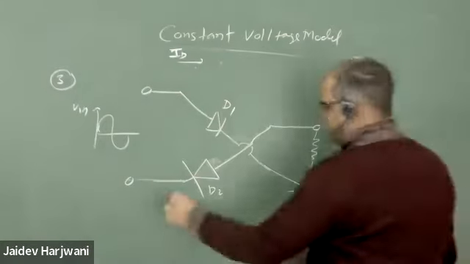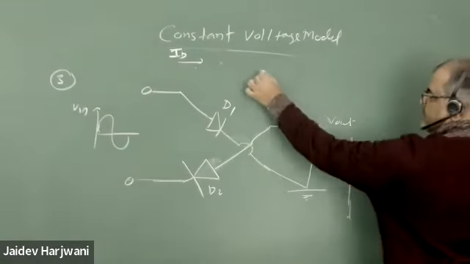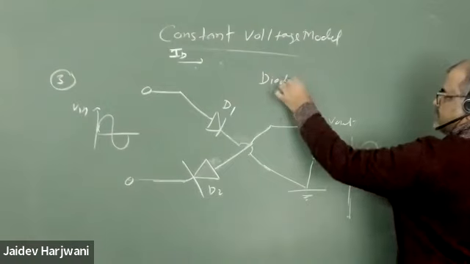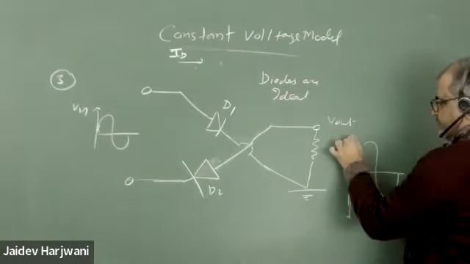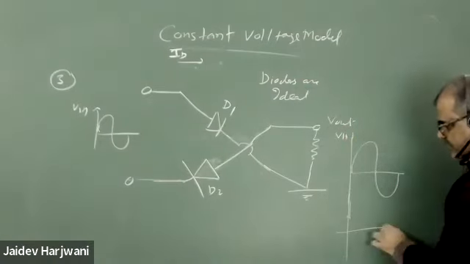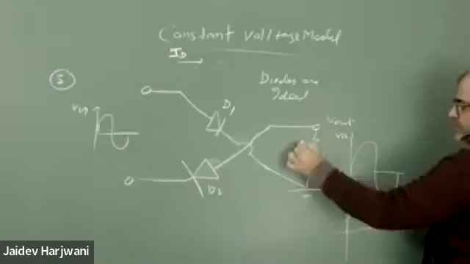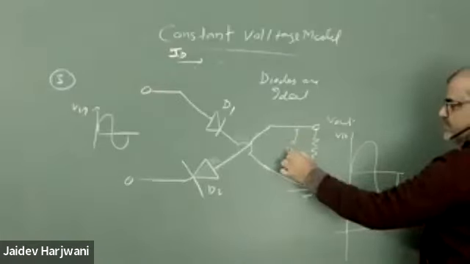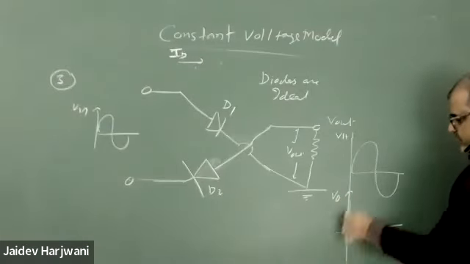So this is the V input graph. Diodes are ideal. You have to send me what the V output graph is. This is V out. Tell me what the V out graph is.